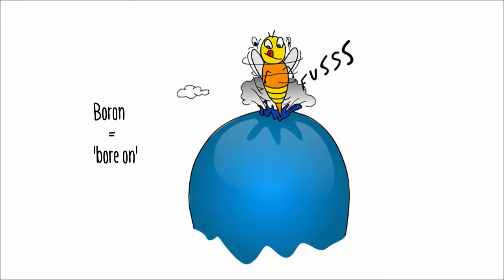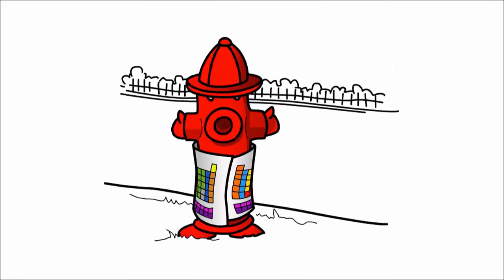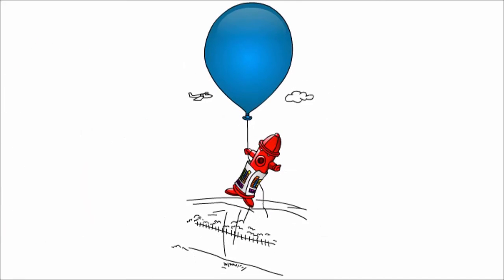Alright, that's the first 5 elements of the periodic table. I'm sure you can easily remember them, but quickly revise your memory story now by replaying it and watching it in your mind. Picture a poster of the periodic table. The poster of the periodic table is wrapped around a hydrant, which reminds you of hydrogen. The hydrant starts to float up into the sky because it's got a huge helium balloon attached to it, reminding you of helium.